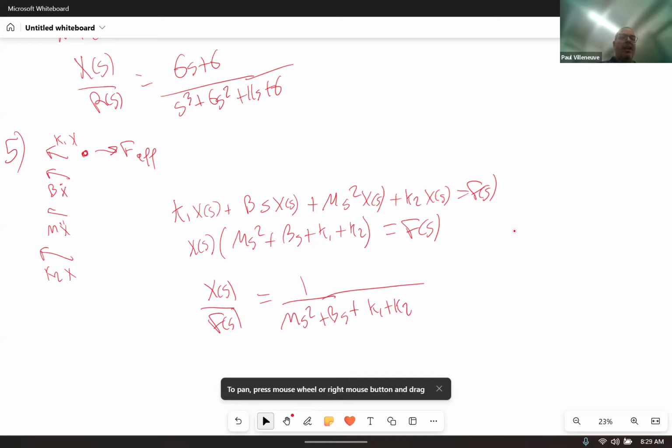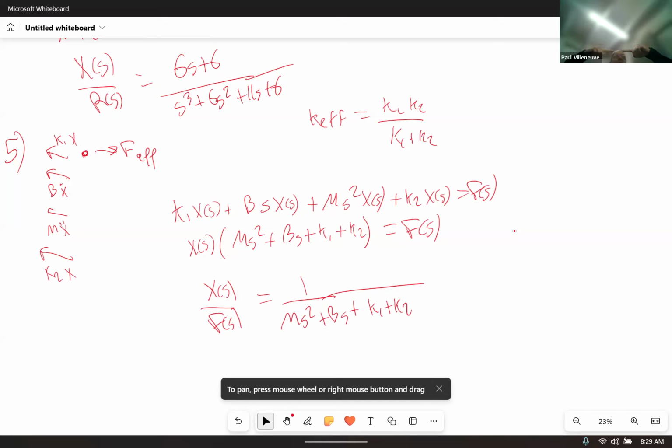Some people tried to say these two springs are going to be a K effective, which is going to be equal to K1 K2 over K1 plus K2. That's not the case. These two springs are not in series with each other. When two springs are in series, think about it.